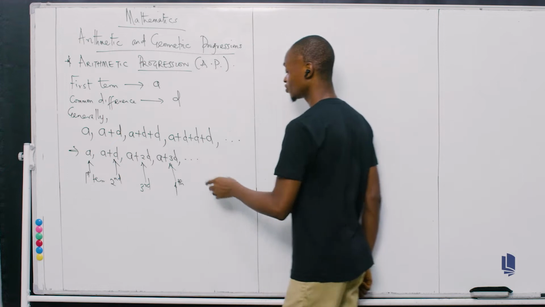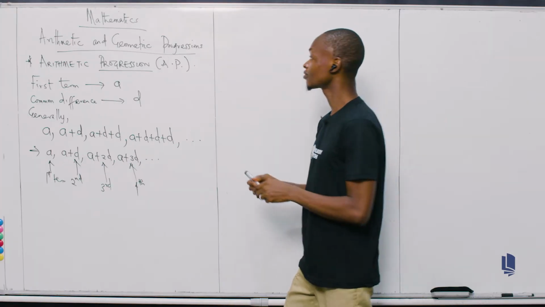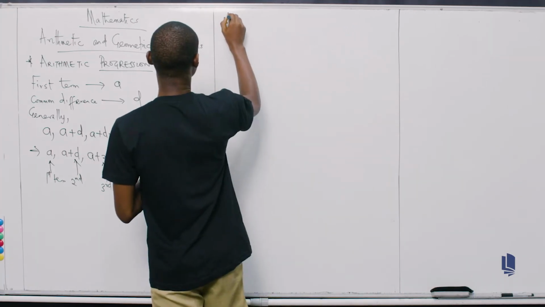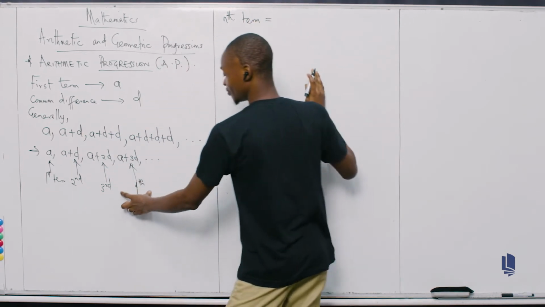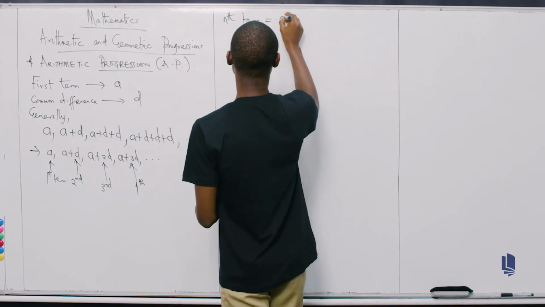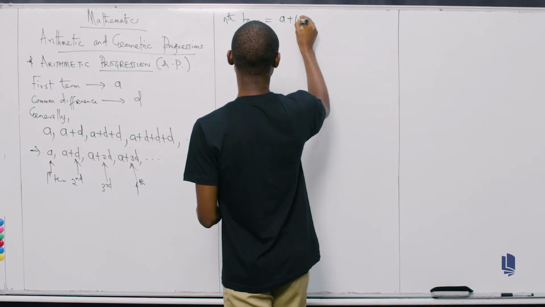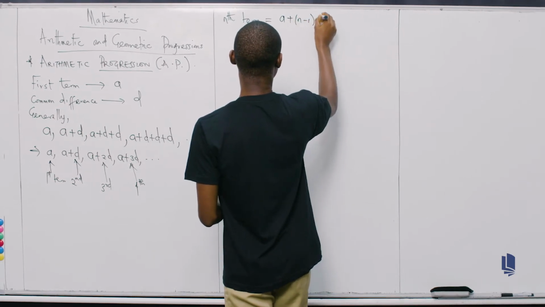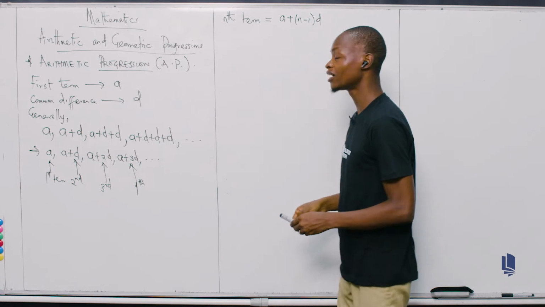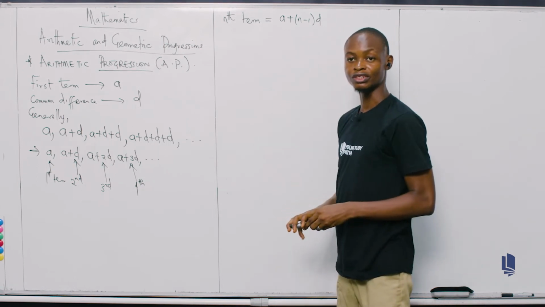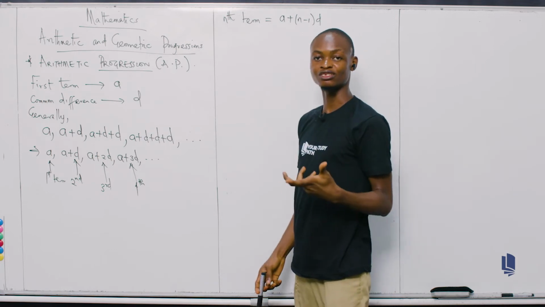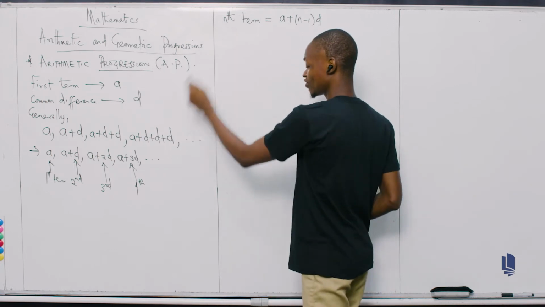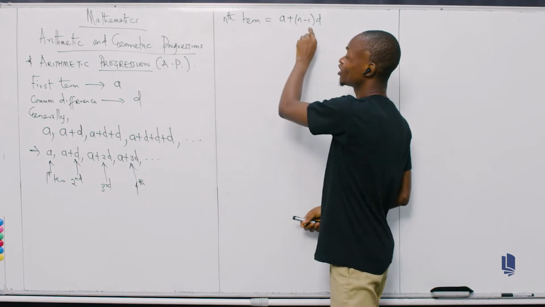Which means that if we were to look for the nth term, following this same pattern, I would be adding n minus 1 times the common difference, which is 1 less than the term I'm looking out for. So if n was 4, I'll be having 4 minus 1, which is 3.